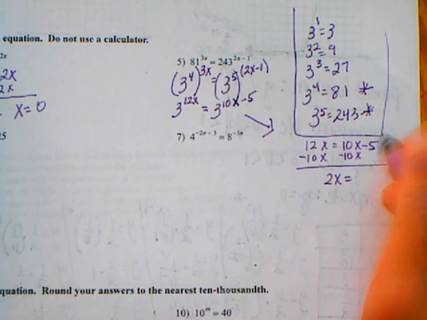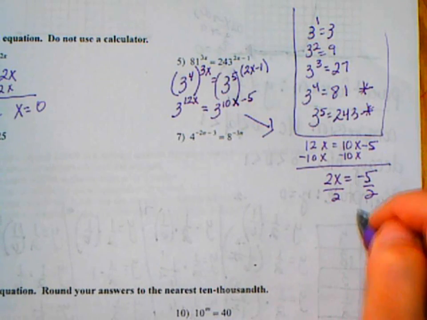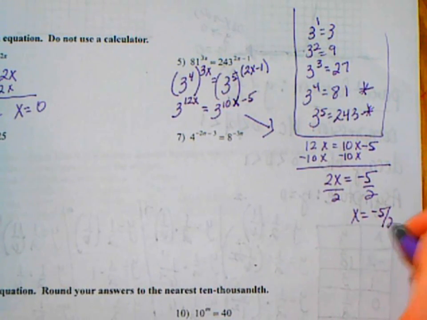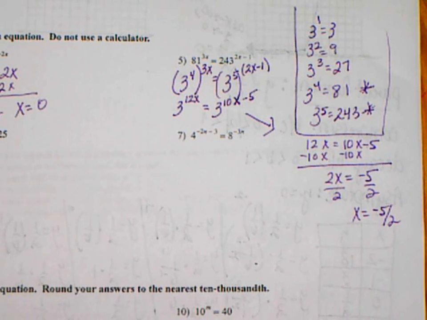These cancel and leaves me with negative 5. Divide by 2 and x equals negative 5 halves. The answer key on this one left it as negative 5 halves. And so if this were multiple choice, that's probably how they would leave it in the software that I used to create this review.